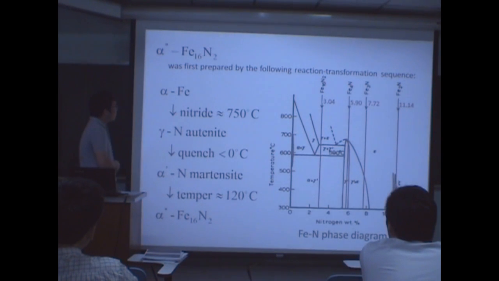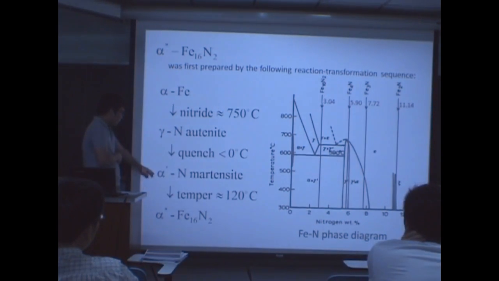On the left-hand side, there is a general way to obtain the alpha double prime phase. First, pure iron is nitrided, and then the system is quenched to low temperature. Finally, martensite is tempered to obtain the alpha double prime.